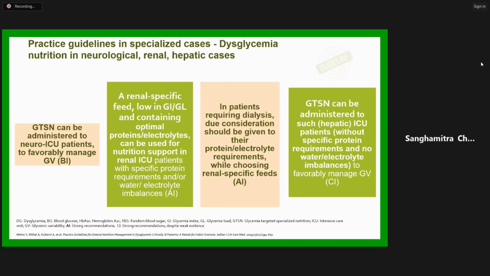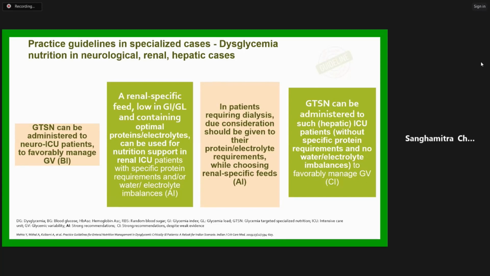In patients requiring dialysis, we also need to concentrate on high protein, but at the same time, low electrolyte balance while choosing the renal specific feeds. So here, it is not just about the low GL/GI to manage the carbs. It is also about the electrolytes, the quality of protein, and so on.